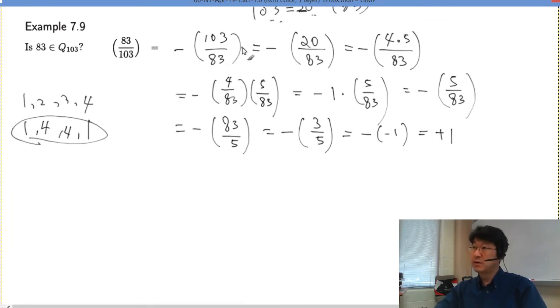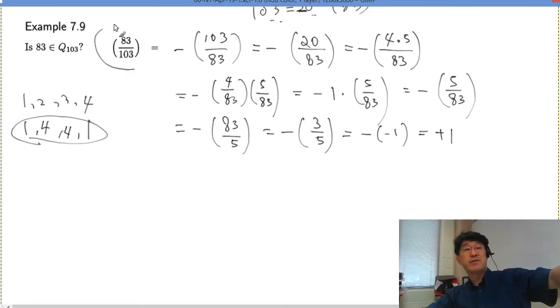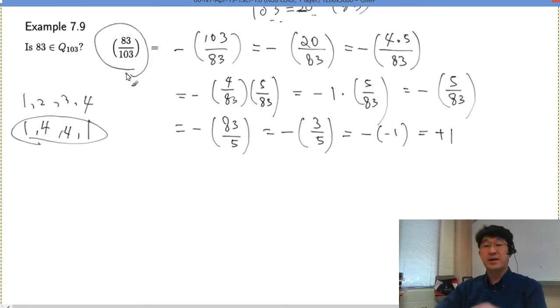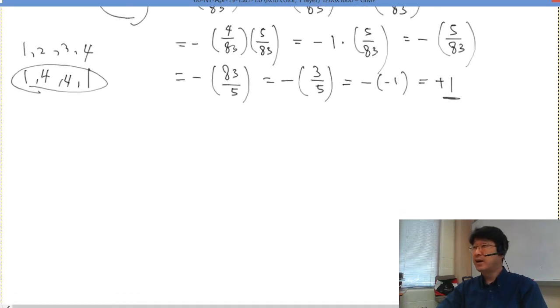Eventually, yeah, eventually. This is the very first thing we started, and the last value tells you whether it's a quadratic residue. So this is exponentially faster to determine whether something is a quadratic residue.